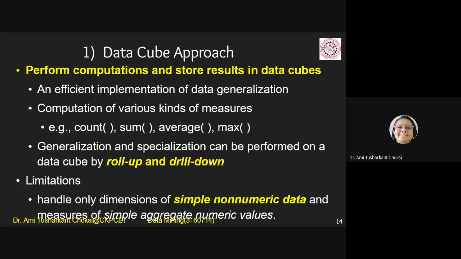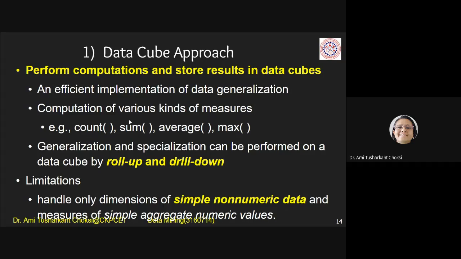So using the data cube approach, we are considering measures like count, sum, average, max to get the generalization.